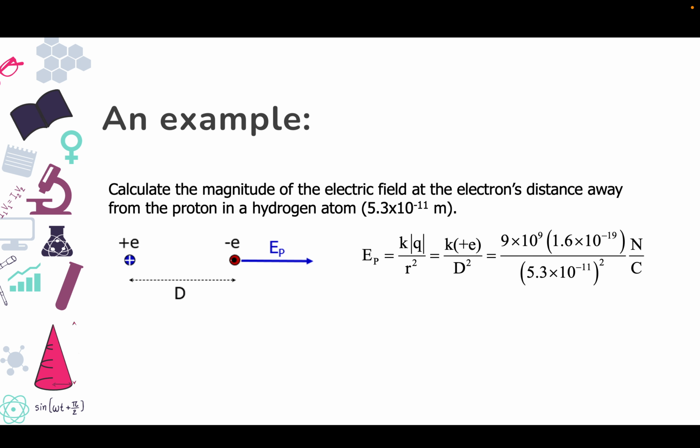That will be the charge of the electron all over the distance, which is 5.3 times 10 to the negative 11 squared, newton per coulomb. Okay, that's how simple the electric field is when you compute it. So your answer is 5.1 times 10 to the 11 newton per coulomb.